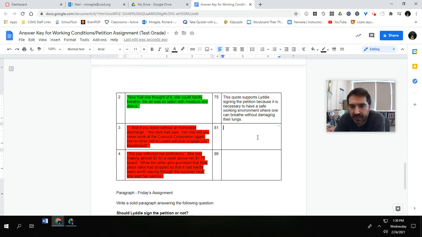This next one was the blacklisted thing, so it would be that she would not sign. So this quote supports Liddy not signing the petition because if she does, it is clear that she will be blacklisted and unable to work in a factory again.